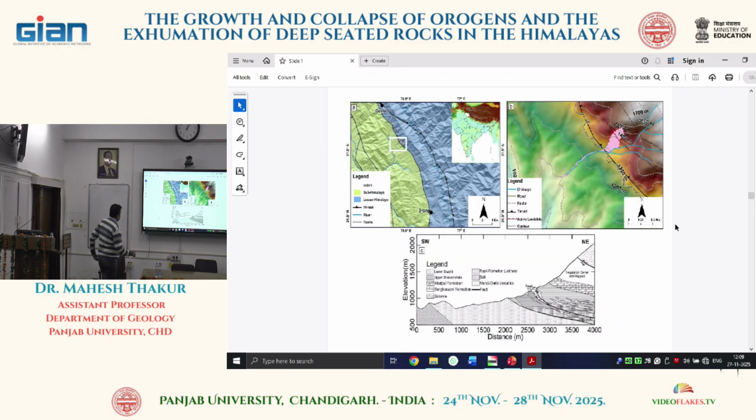The important thing is that there are two salt mines. One is Drang, the other one is Guma, in this area. In between, strike parallel, is the location of the Katrupi landslide. So this is the Katrupi landslide, and this is the geology which was given by previous workers.